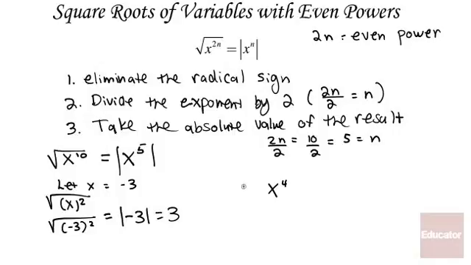At the end, my expression, whatever was under here, ends up being x to the 4th, and I put my absolute value just as shown above. I actually don't have to do that. The reason is, whatever x is, if it's raised to an even power at the end, it's going to end up being positive. If x is -1, for example, let's look at that. x to the 4th is -1.